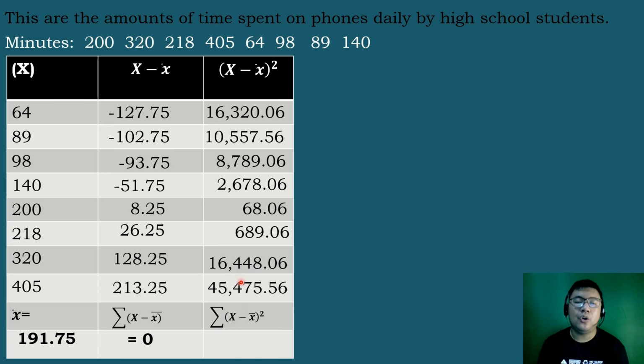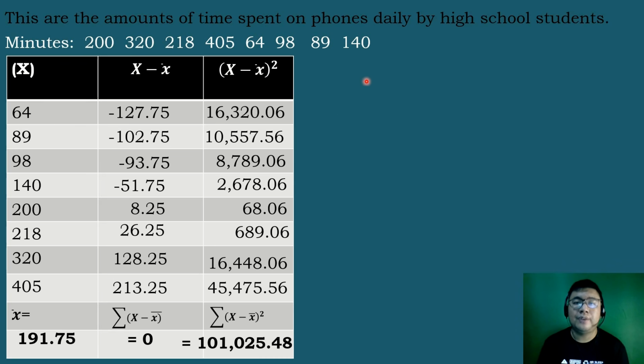So adding all these numbers, we will have 101,025.48.